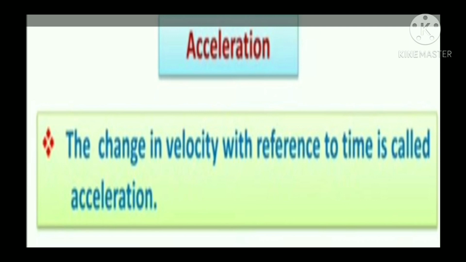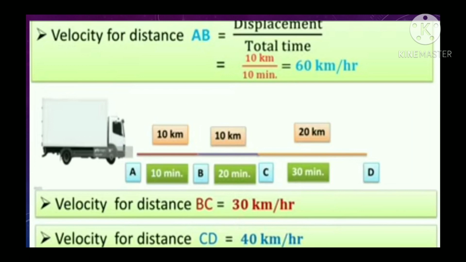Acceleration. The change in velocity with reference to time is called acceleration. In the previous example, the truck covered the distance AB at the velocity of 60 km per hour, BC at 30 km per hour and CD at 40 km per hour. It means that the velocity for distance CD is greater than the velocity for distance BC.